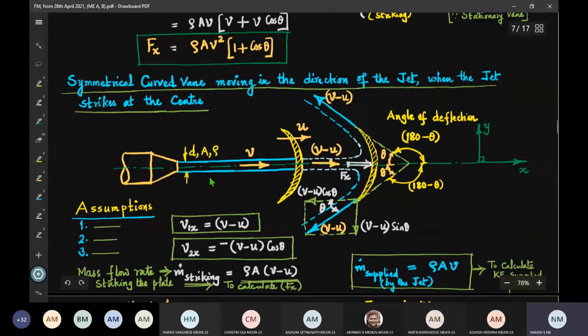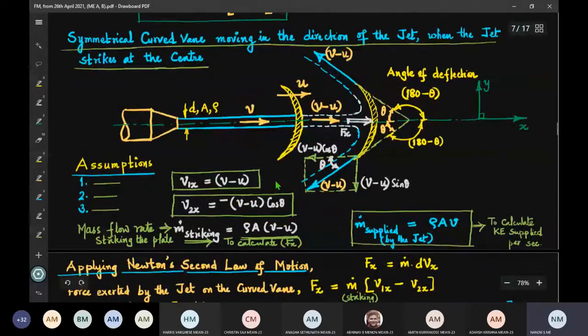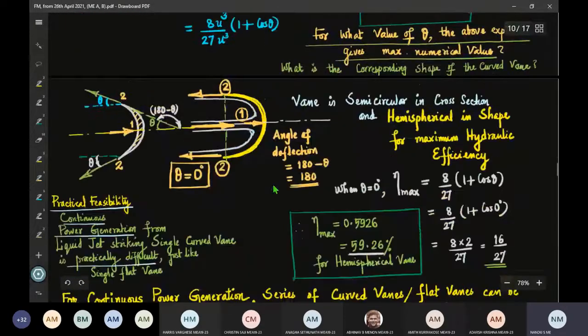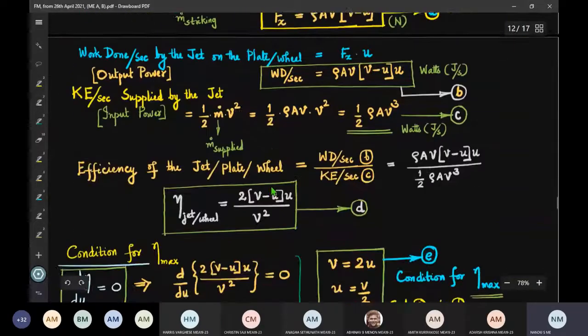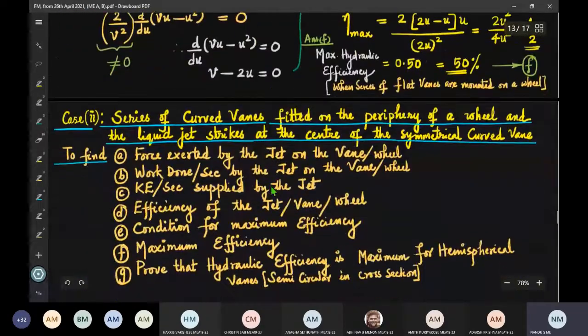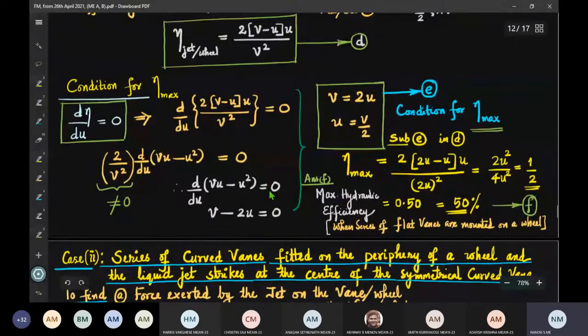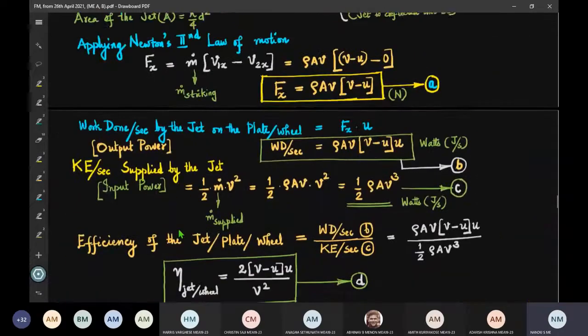Therefore, we cannot continuously extract power using a single vane, whether it is flat or a curved one. Even though the curved vane, especially the hemispherical one, gives the maximum efficiency of 59.26 percentage, we cannot generate power continuously. So now what is the next option?